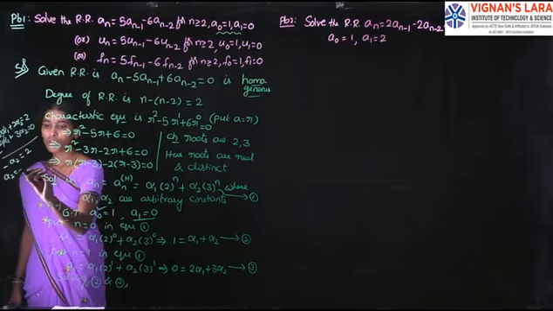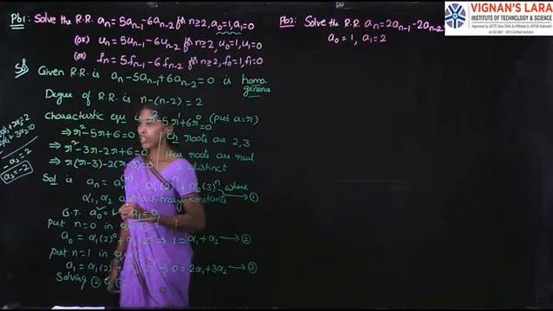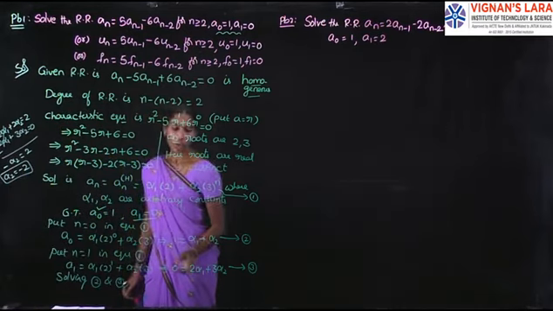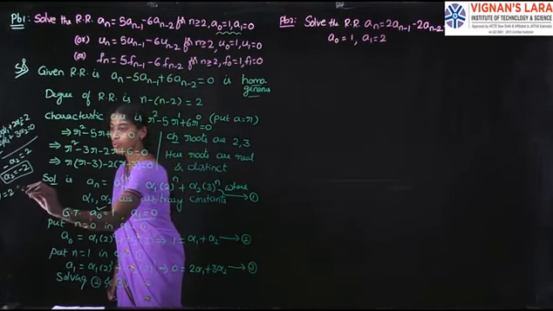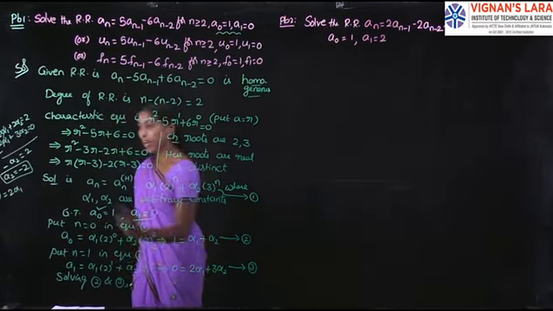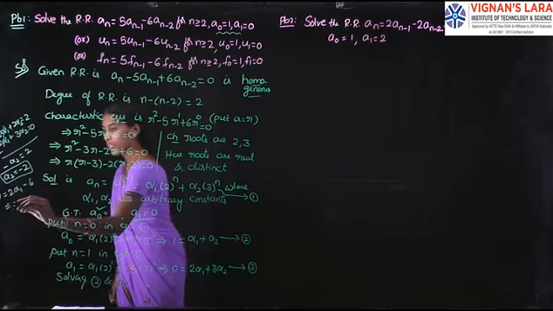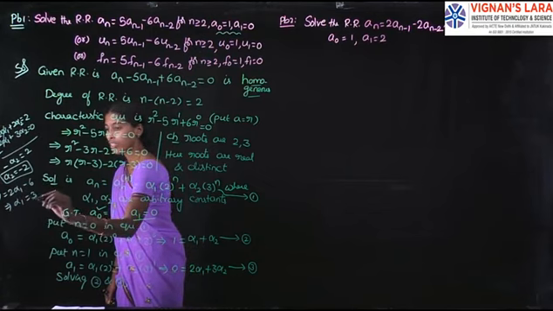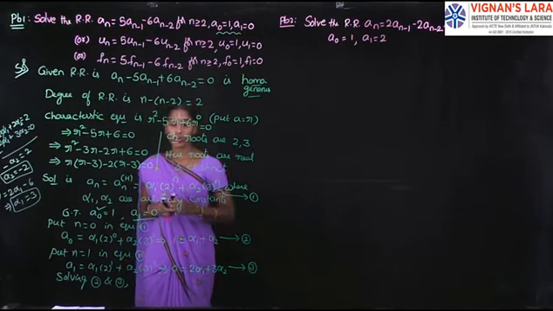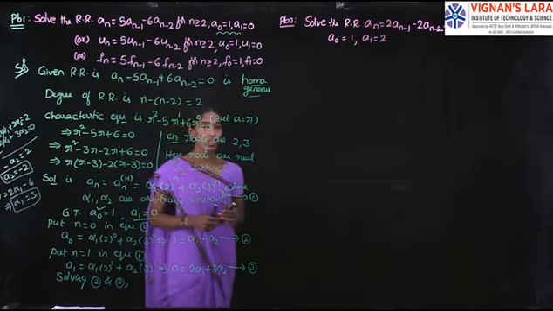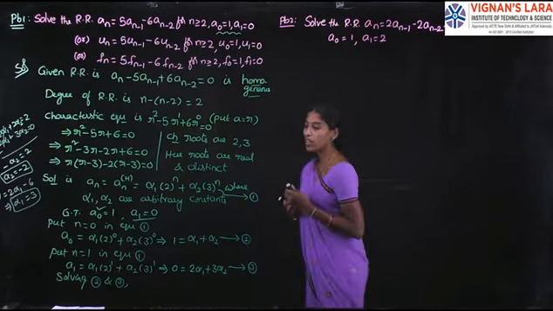So alpha 2 value is minus 2. And then substitute alpha 2 value in equation 3, which is 0 is equal to 2 alpha 1 minus 6. So alpha 1 value is 3, right? Like that, we need to solve those two equations and find out the arbitrary constants alpha 1 and alpha 2.